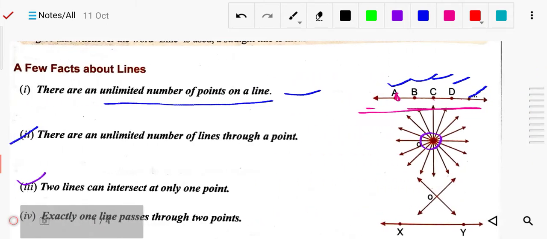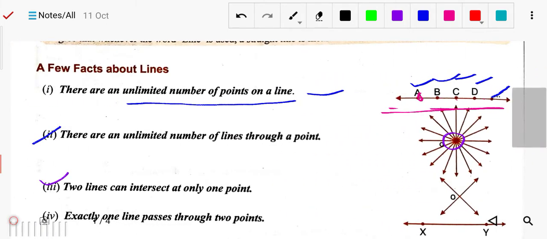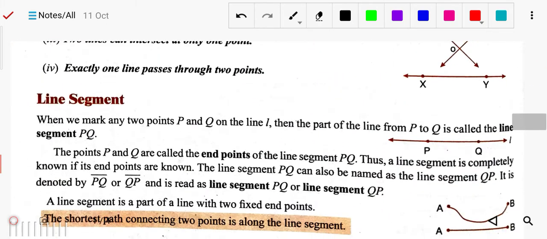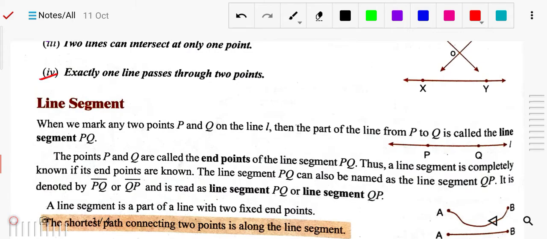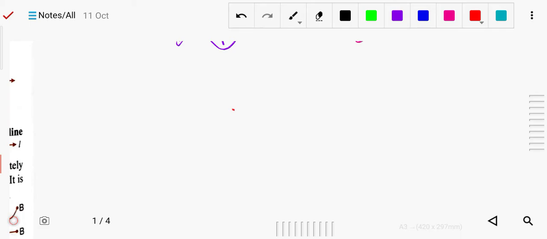Now the fourth is that exactly one line passes through two points. If there are two points like X and Y, how many lines can be passed through them? Only one. A very practical example: I have two points, A and B, and I want to pass a line.